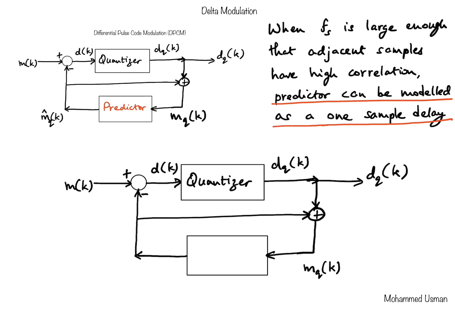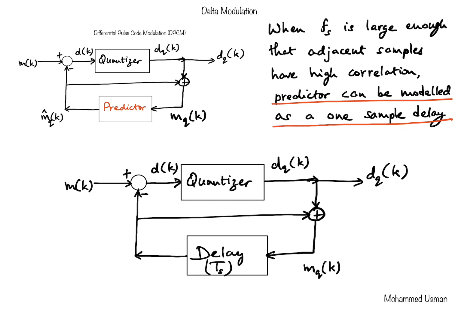In this case, that simpler component or block is a delay, and the delay is going to be a one sample delay. So it's a delay by one sample. That's the only change between the block diagrams of differential pulse code modulation and delta modulation.